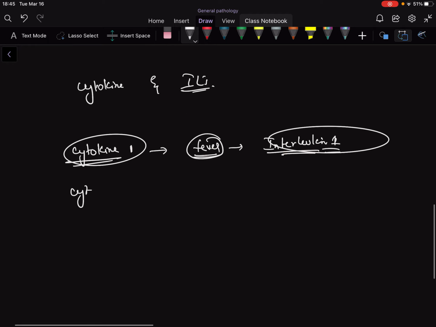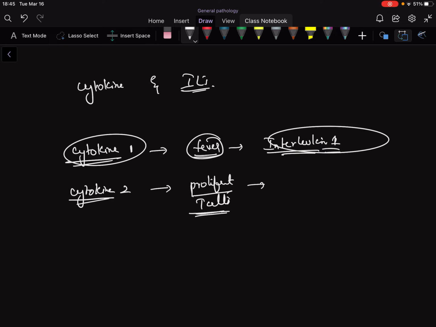Suppose here is a cytokine 2 which causes proliferation of T cells. Since it is molecularly defined, because it causes proliferation of T cells, it is named interleukin 2.